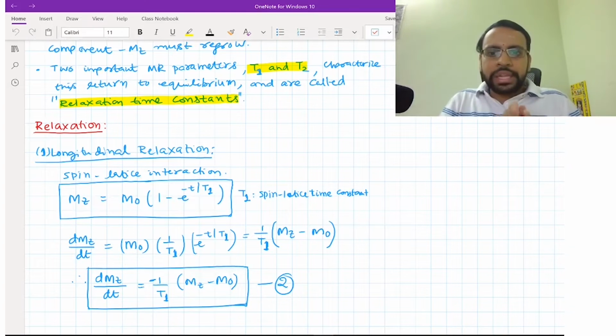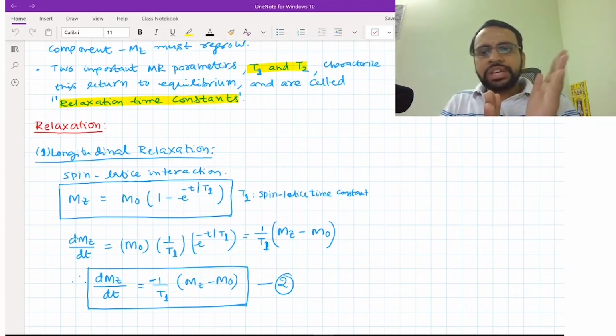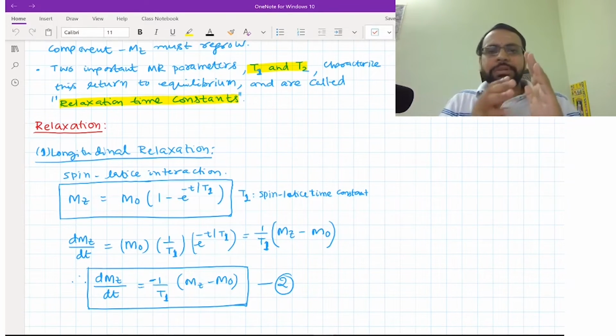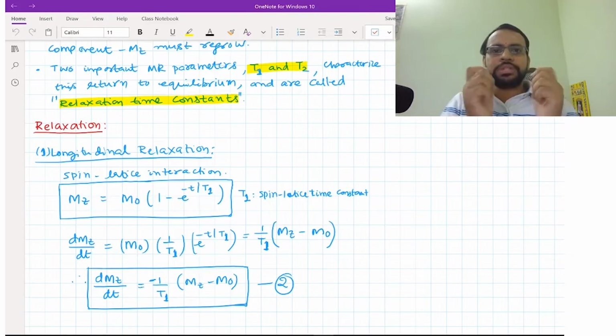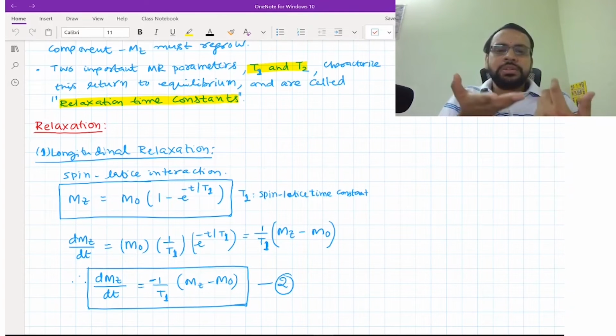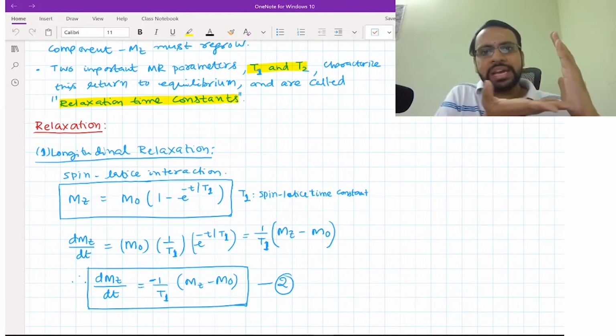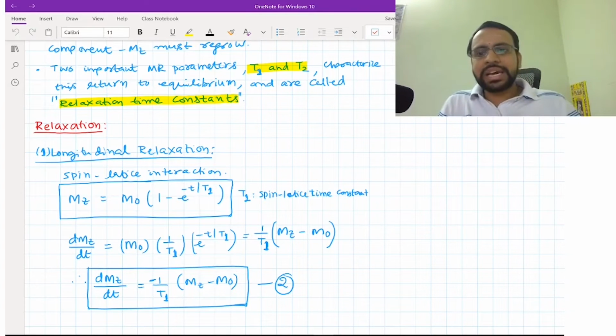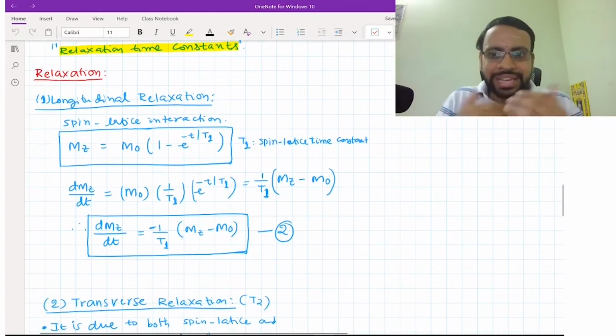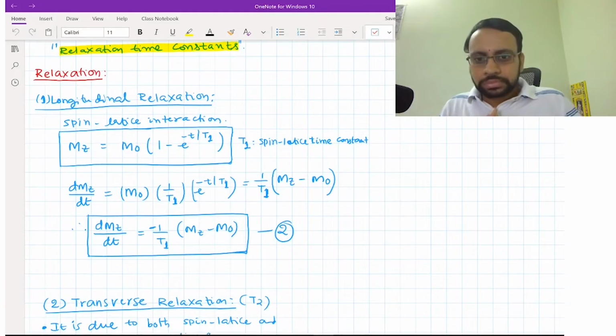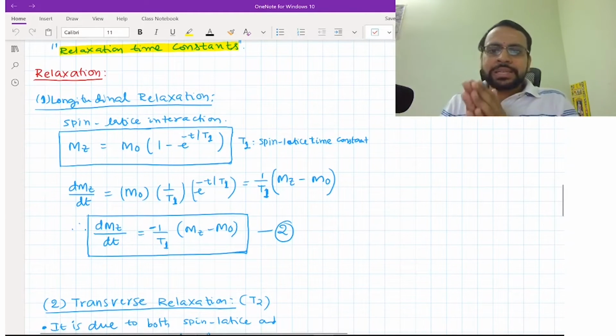By the way, this is called relaxation, because till then you applied a field and now you withdraw it, so you relaxed it from the magnetic field that you applied in the xy plane. It would come back to its natural state. This is also referred to as spin lattice interaction.